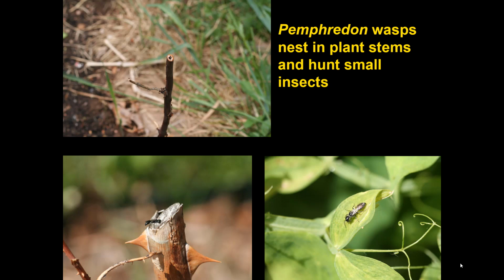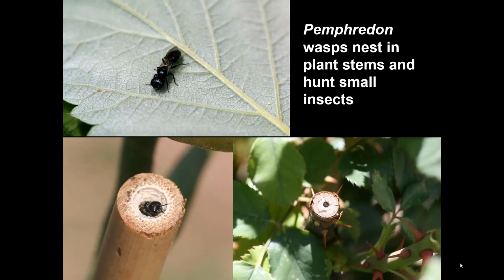They're not borers. They don't tunnel into the live tissue. They're just using the pith if it becomes available to them. So there they are. There's one nesting actually in the bamboo cane there. But these are not, again, borers. They're pith nesters.